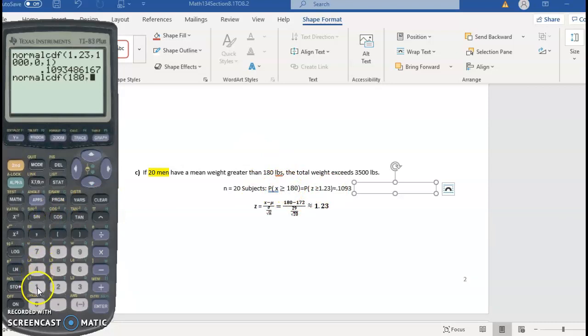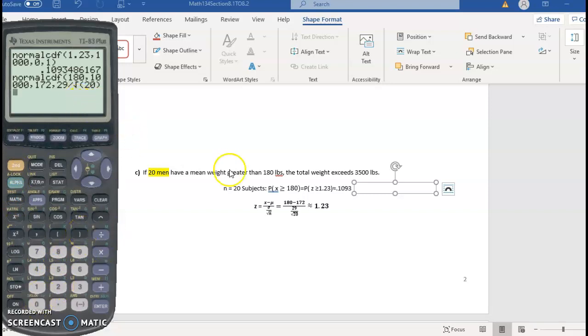You want a very large upper bound. The value of mu was 172, and we had 29 as the standard deviation. Now, this 29 needs to be divided by the square root of n, so you have to do the following adjustment: divided by the square root of 20. Let me close it up.